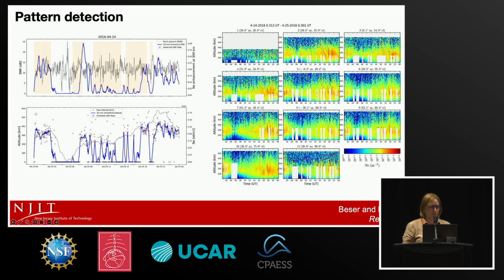Patches are seen as this light yellow background. So in the late UT time, we have pretty significant peaks in SuperDARN, but they don't correspond to the detection in RISR.